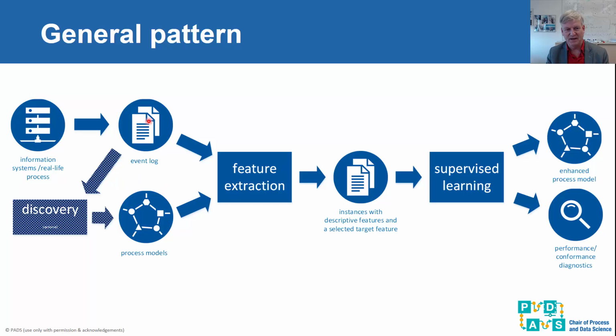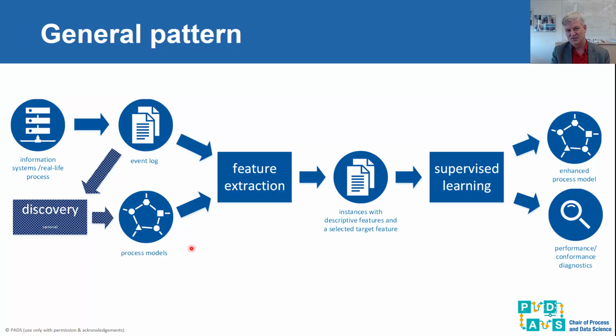So the general pattern, and this very nicely connects to things that we have seen in previous weeks, is that we can take event data, we can take process models, then based on this we can do feature extraction. When doing the feature extraction, every row corresponds to what we have called a situation.